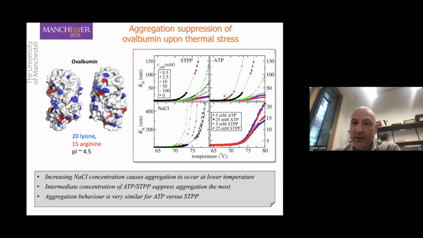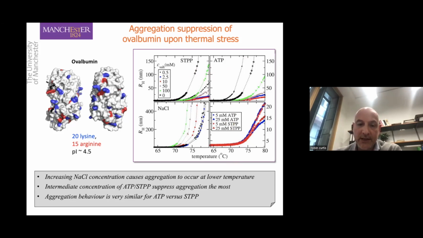But what you find with ATP or STPP, well, the first thing is that STPP and ATP behave almost exactly the same. So in this case, it's definitely not the effect of the adenosine group being nonpolar that makes a difference for these systems.